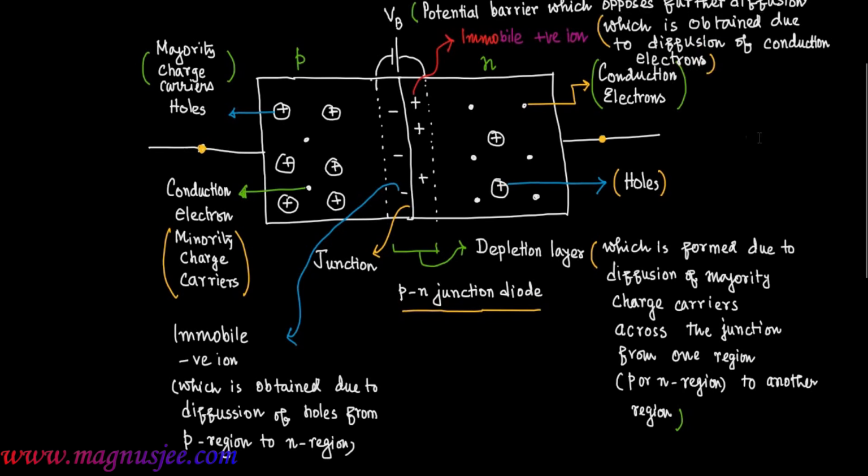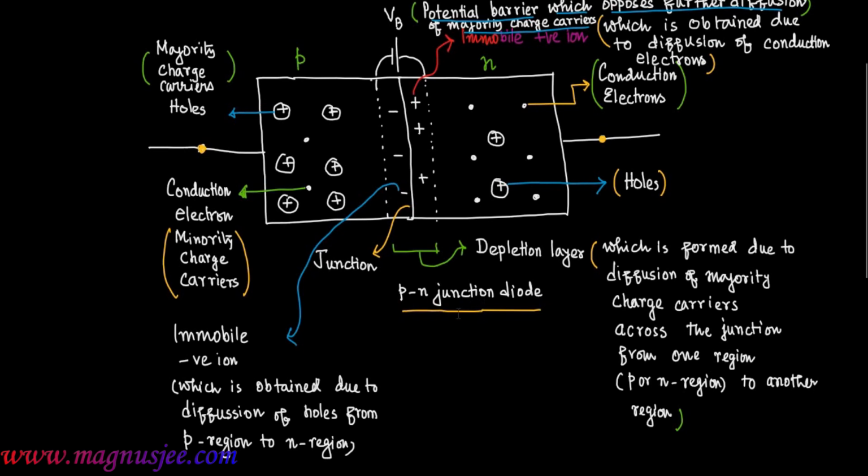That is, further diffusion of majority charge carriers. That means VB is the potential difference which opposes further diffusion of majority charge carriers. Once the potential barrier VB starts to act, diffusion of more majority charge carriers is stopped.